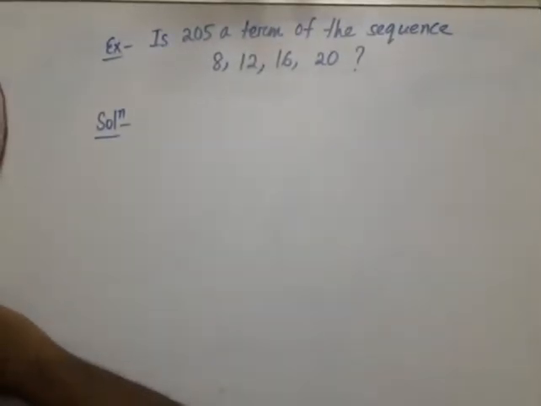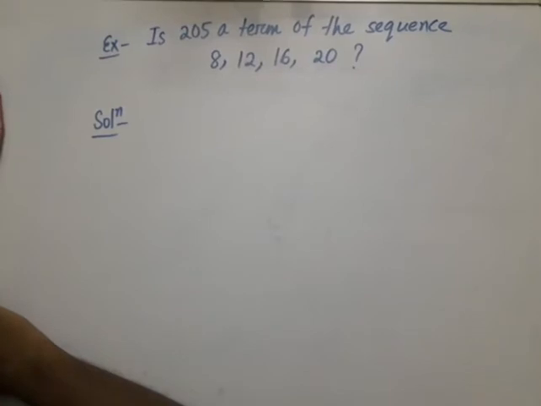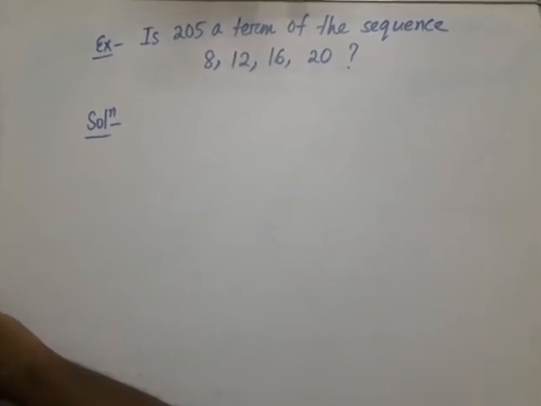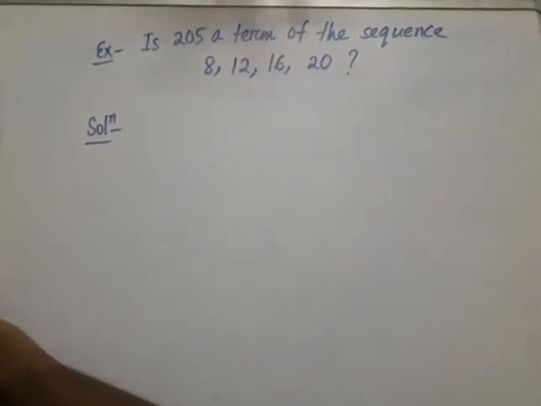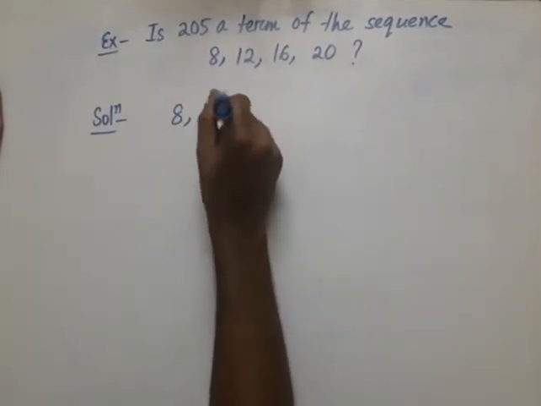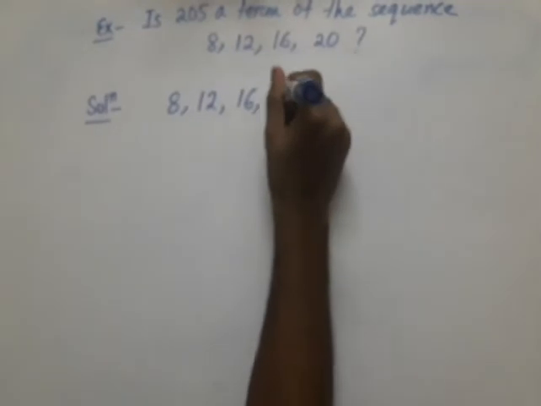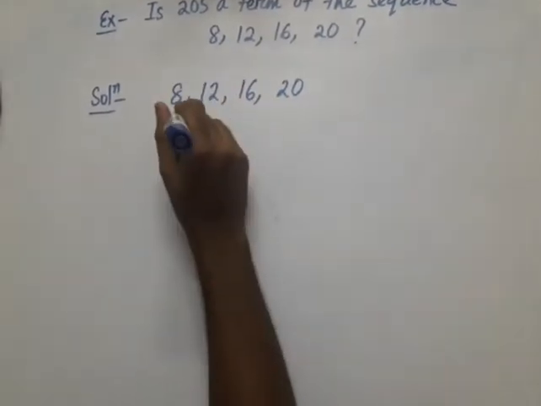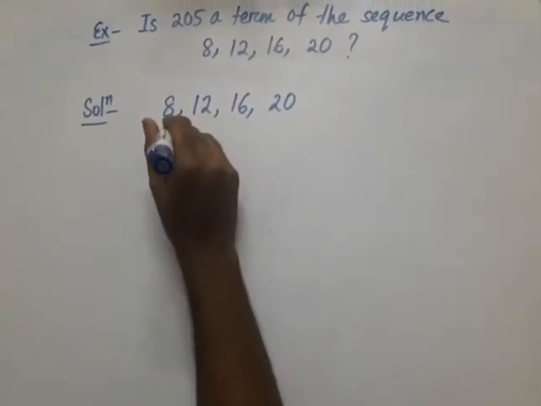Okay, is 205 a term of the sequence 8, 12, 16, 20, and it goes on like that or not? We have to check whether 205 is a term of this particular sequence. For that, first we will check whether 8, 12, 16 and 20, the given particular sequence, is in arithmetic progression or not.